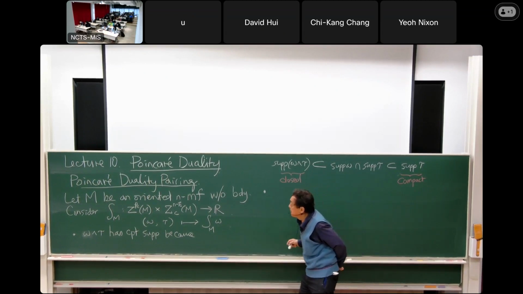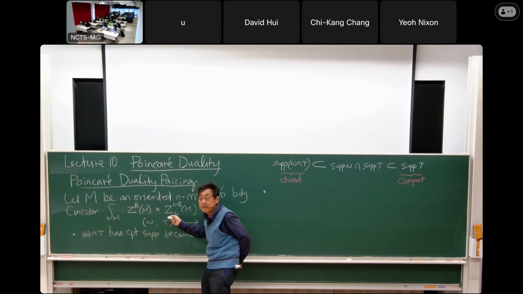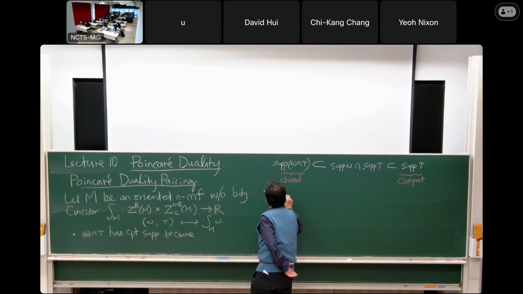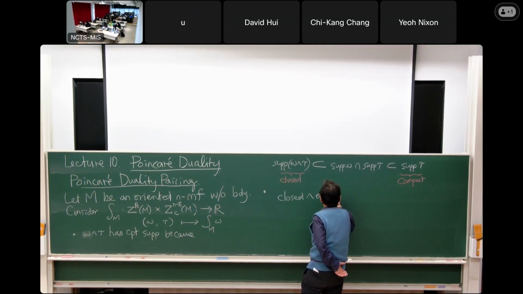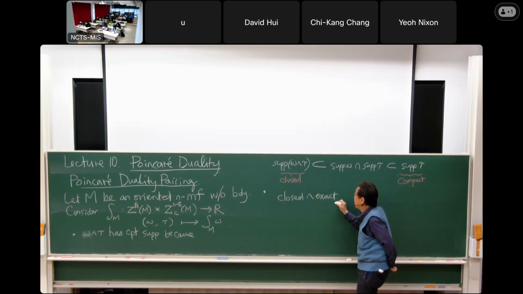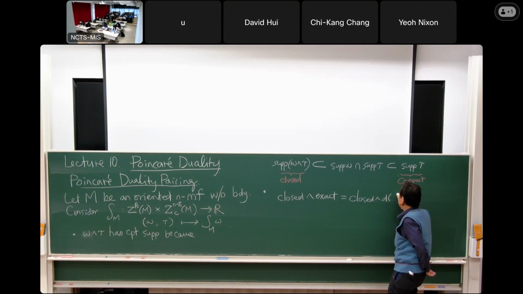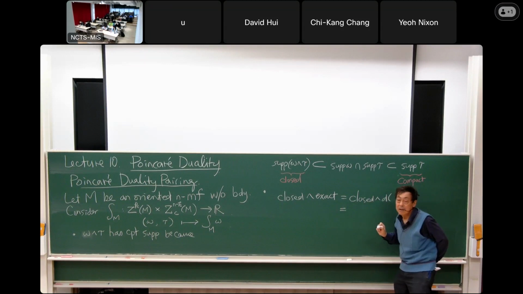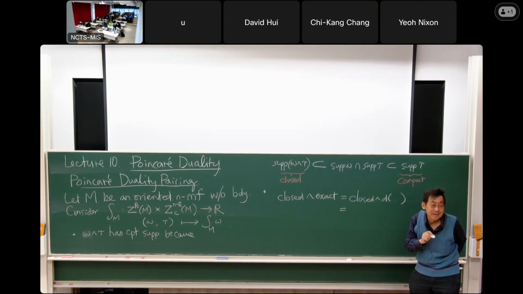And the second observation is that if you take a closed form and you wedge it with an exact form, then what kind of form do you get? Closed wedge exact is closed wedge d of something. So what do you think it should be?